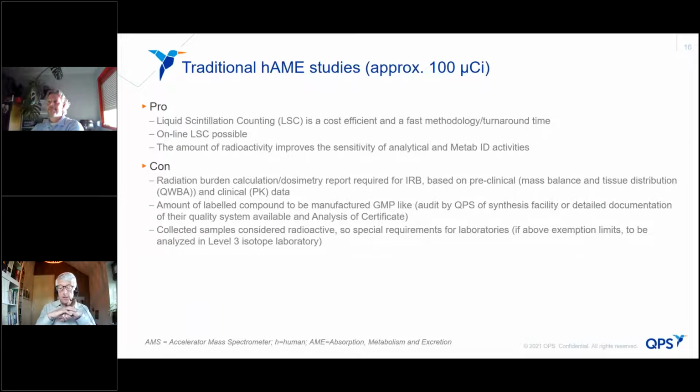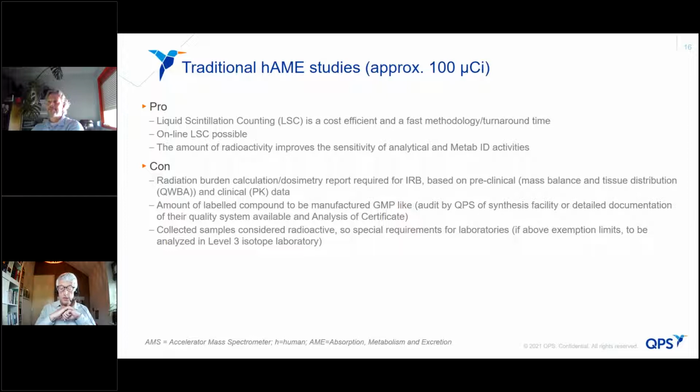For a traditional mass balance, so about 100 microcurie, the pros are that liquid scintillation counting is cost efficient and it is a fast methodology. Turnaround times are fast. Online liquid scintillation counting is possible. The amount of radioactivity improves the sensitivity of the analytical and METAB ID activities.